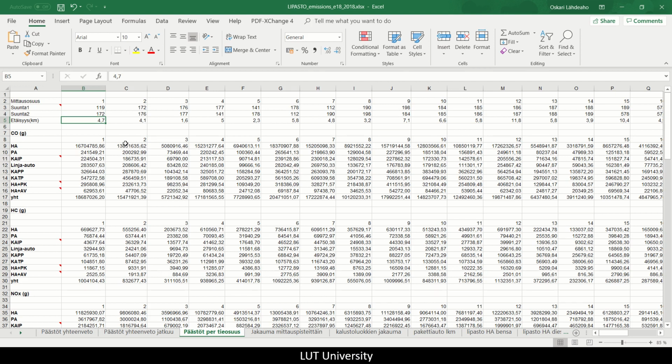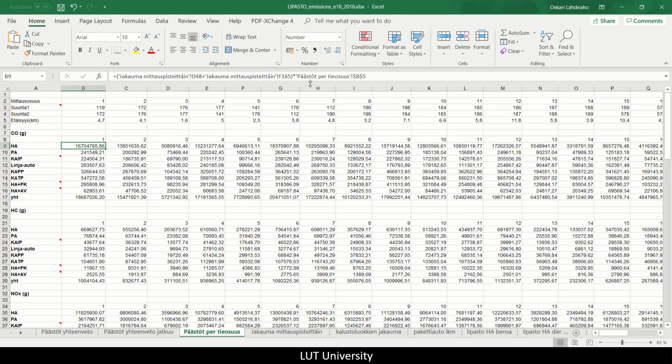So we need to take the traffic volume going in direction 1, which is this variable. Then we need the second station's traffic volume going in direction 2, which is this variable.